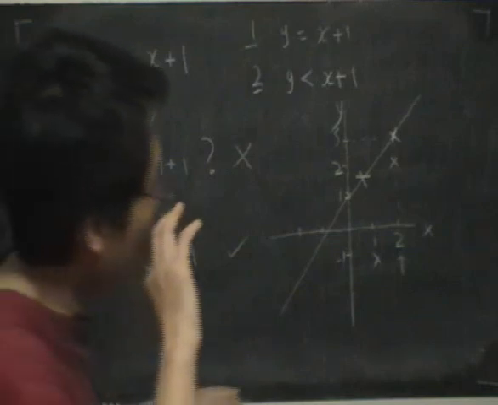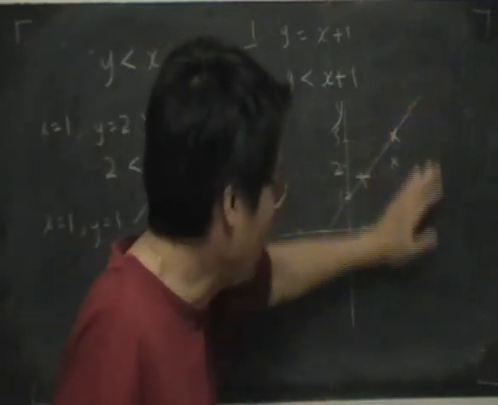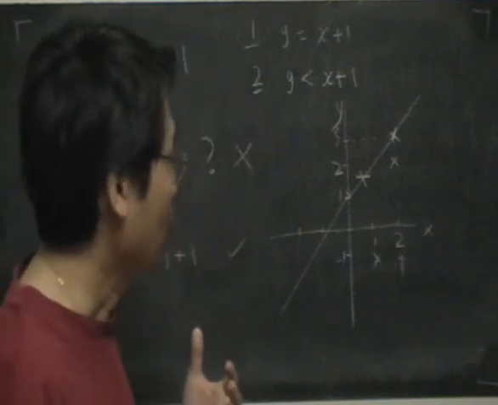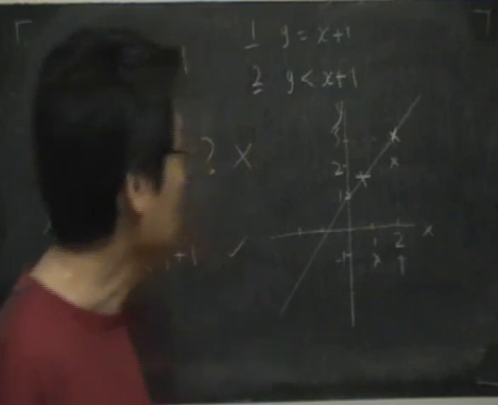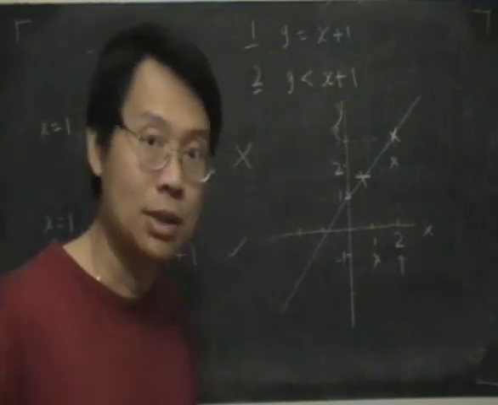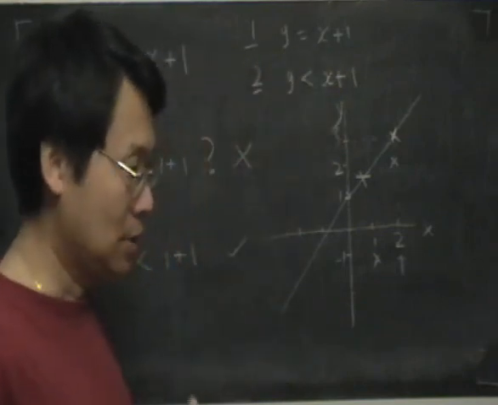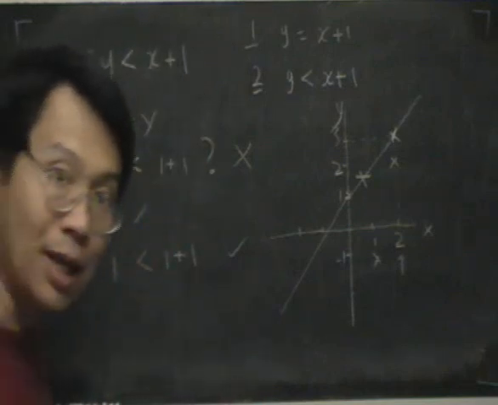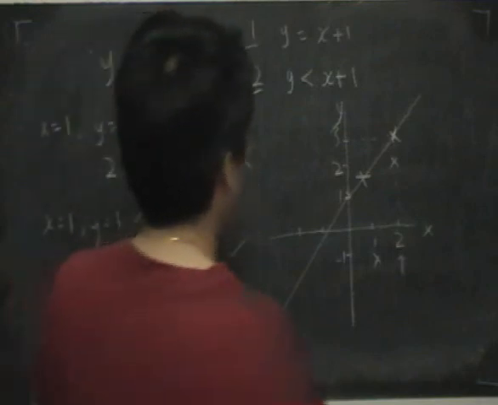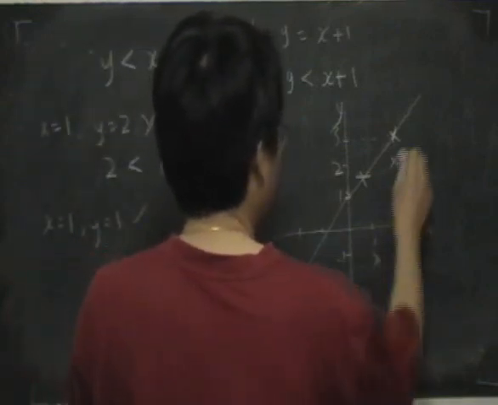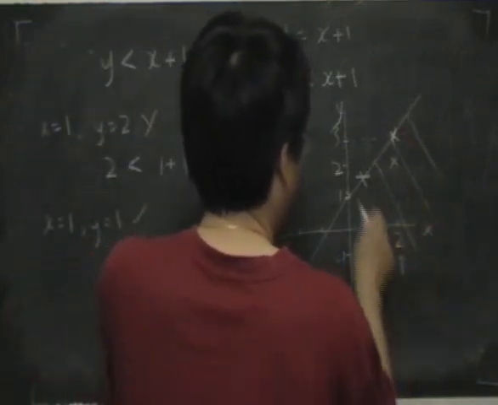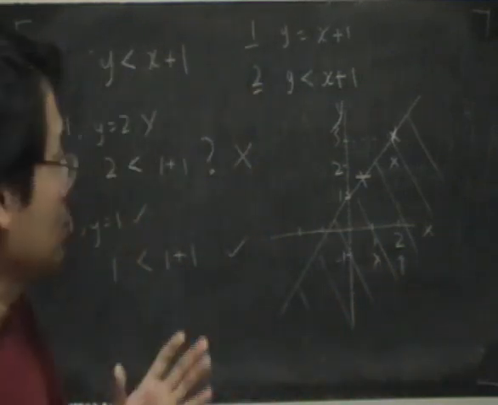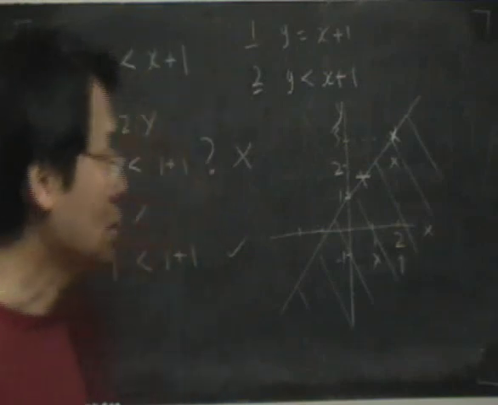So any point below that line has x and y values that satisfy this inequality, and we can represent the possible x and y values by shading the area below the line.